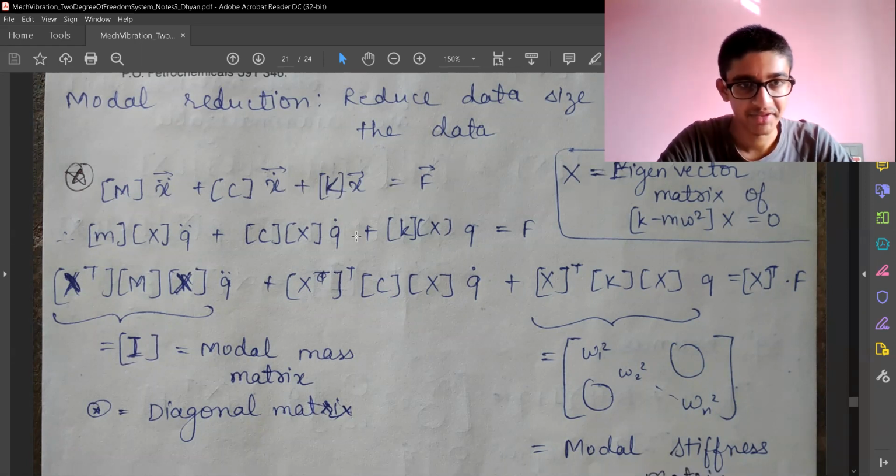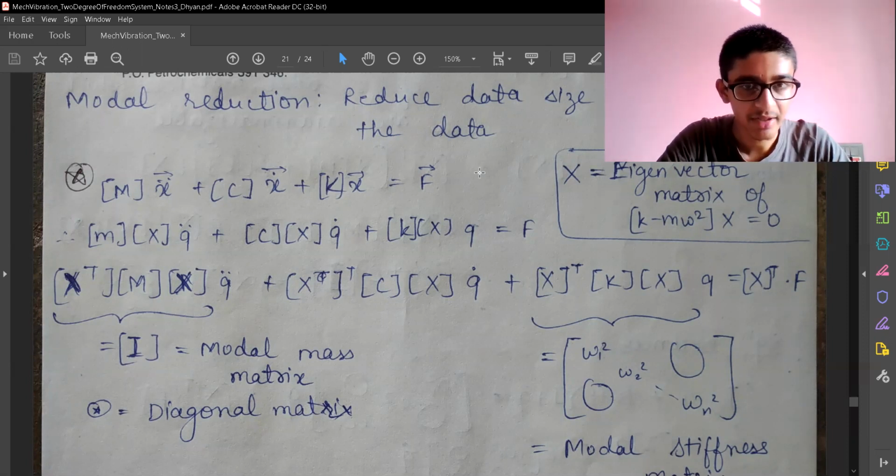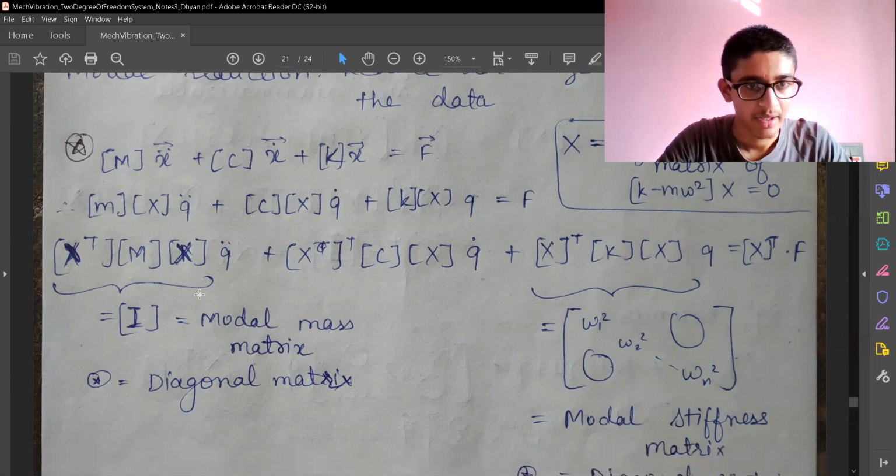And X, when we see down, these X are the eigenvector matrices of this. So how have we got this? We substitute the normal mode condition, that is small x equal to the amplitude into cos(omega t plus phi). That is the normal mode condition, where the system is oscillating at some frequency omega itself. So all the masses are oscillating at the same frequency, and after substituting that, we get an equation in reduced format.